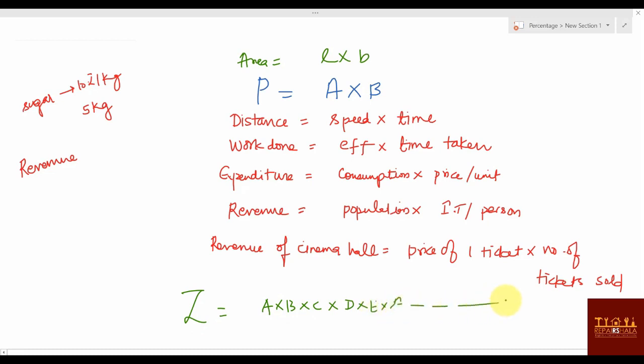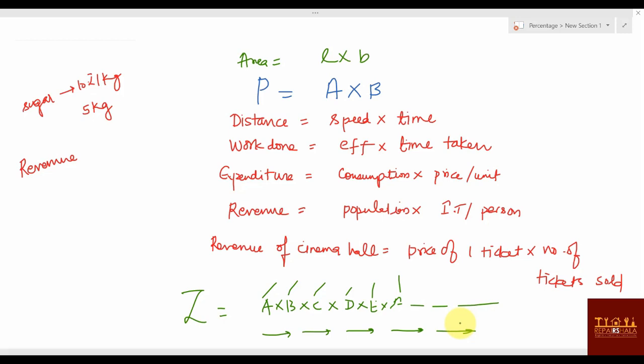And each and every element is changed. A is increased, B is increased, C is increased, D is reduced, E is reduced, F is reduced, G is increased. For each and every element you can put this arrow. What is this arrow? Successive increment. This arrow is for successive increment. I hope this is clear till now, right?